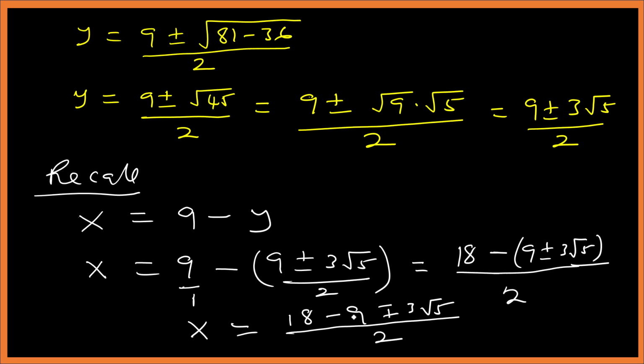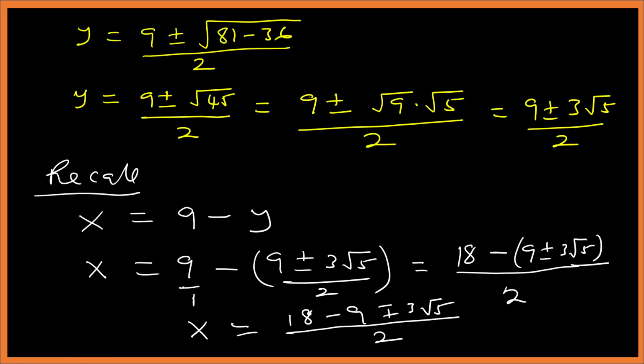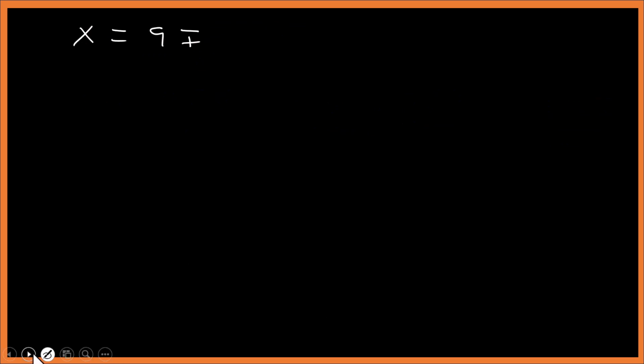So 18 minus 9 is 9. So we have X equals 9 minus or plus 3 root 5 on 2.